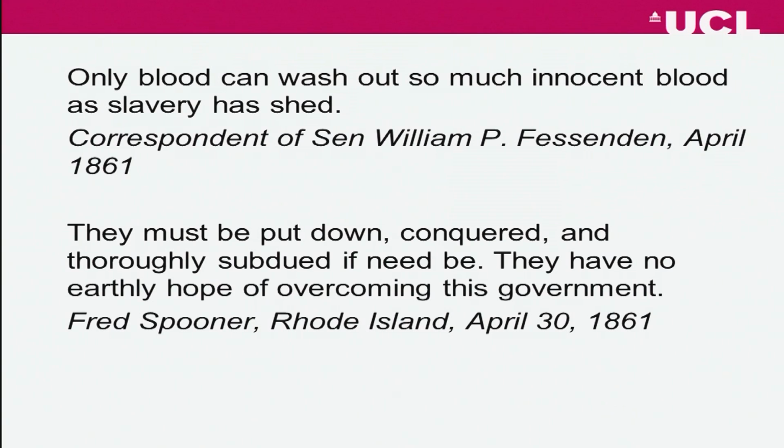"Only blood can wash out so much innocent blood as slavery has shed," wrote an abolitionist correspondent of the Maine Senator William Pitt Fessenden. A man from Rhode Island called Fred Spooner, who was not particularly anti-slavery, not an out-and-out abolitionist anyway, wrote in a letter on April the 30th, 1861, "They, the South, must be put down, conquered, and thoroughly subdued if need be. They have no earthly hope of overcoming this government."